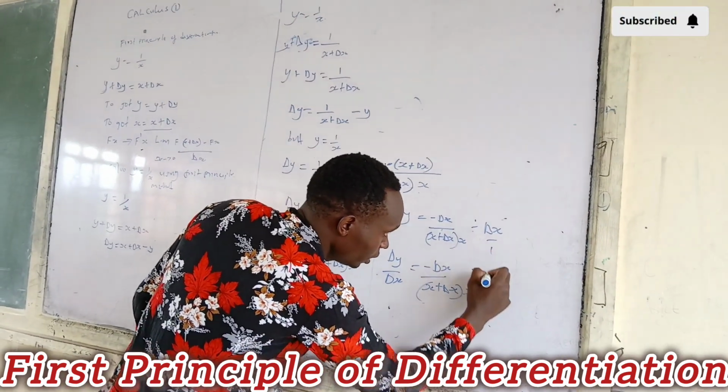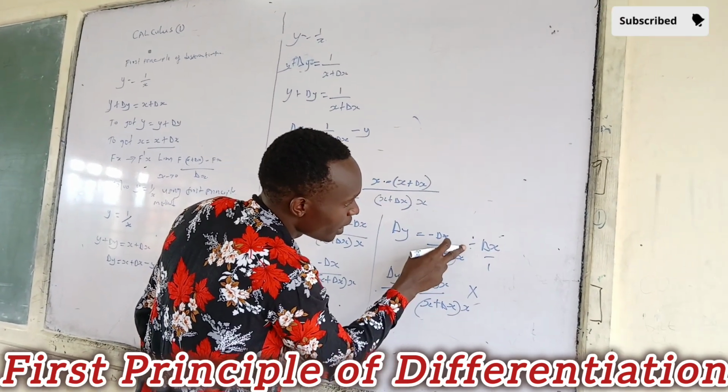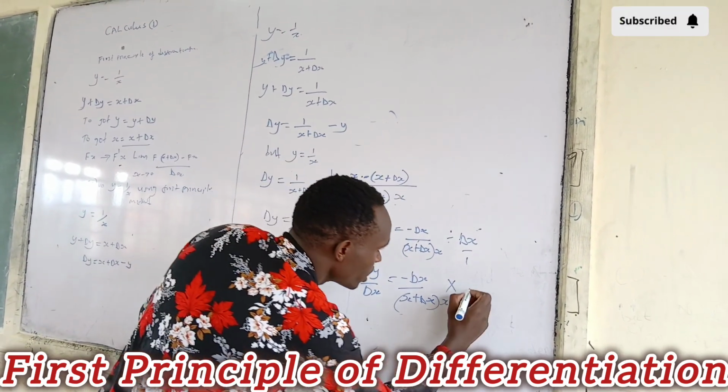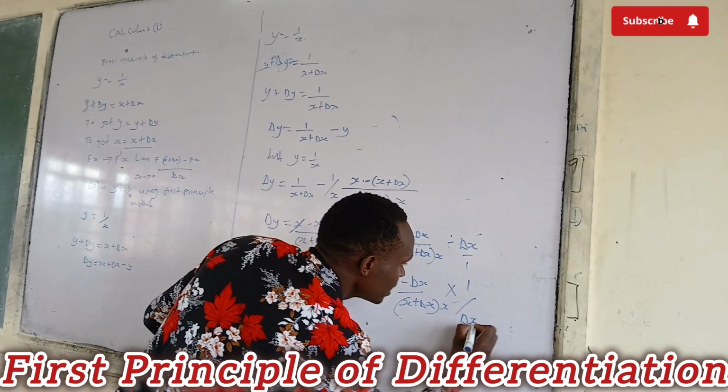Dividing by change in x is the same as change in x over 1. Now multiply by the reciprocal, which is 1 over the change in x.